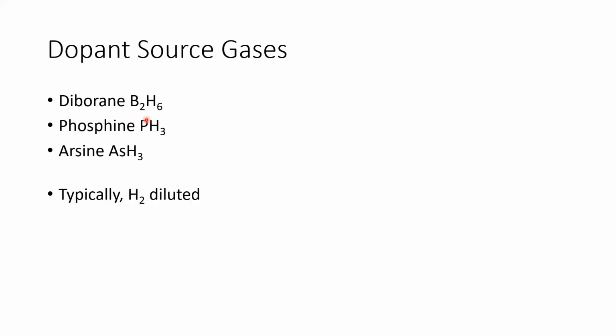If we want to make it N-type silicon, we can use phosphine to introduce phosphorus, and also arsine to introduce arsenic. Typically all these source gases are diluted using hydrogen.